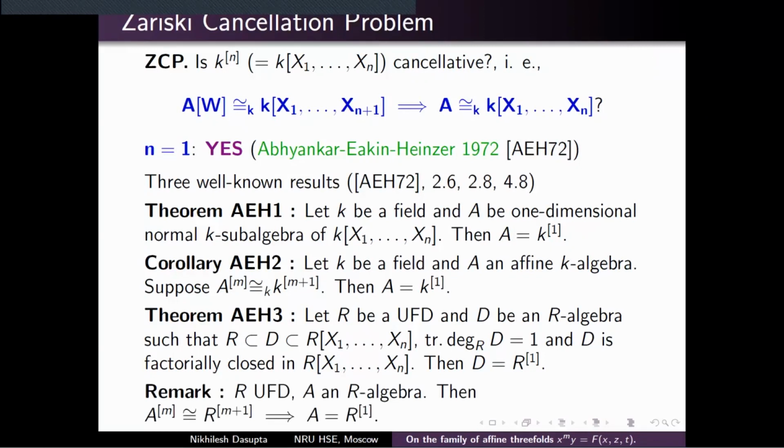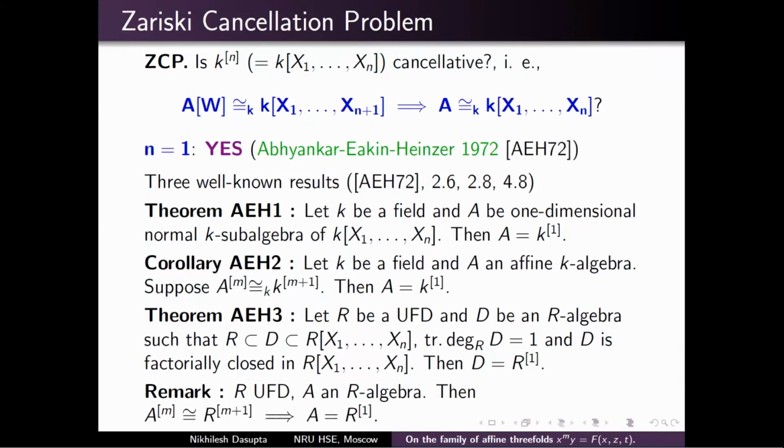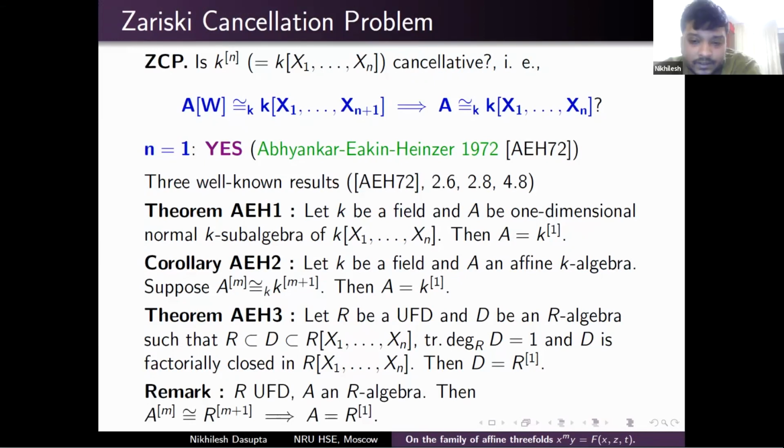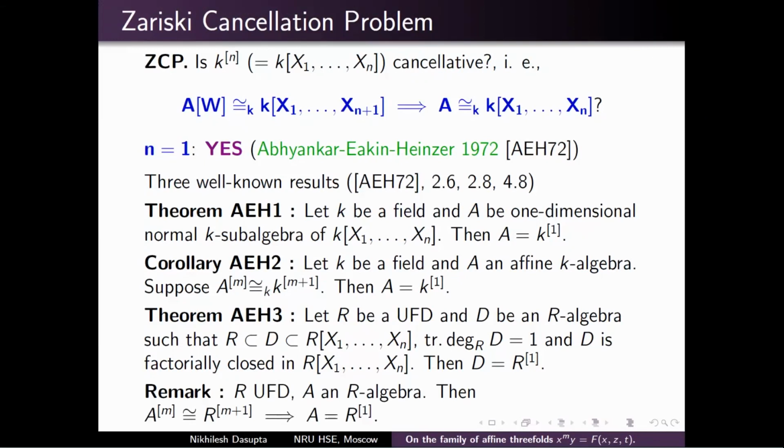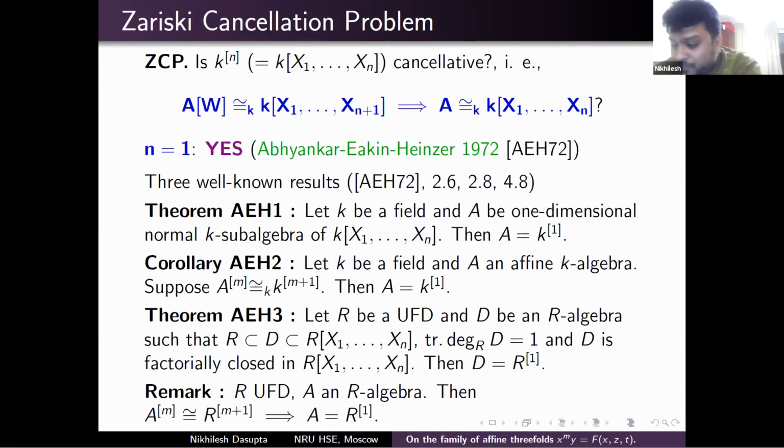I just want to clarify one thing in AH3: that D is factorially closed, I think it will be used only to show the UFD property of D, right? Yes. And by the way, I should also be very clear about what I mean by factorially closed.